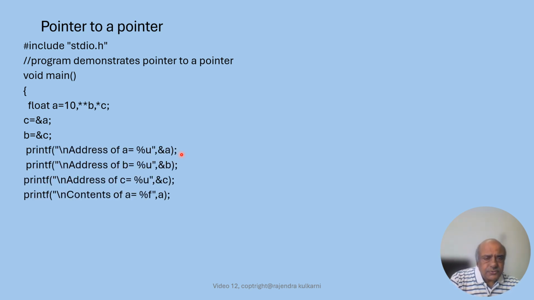Now these printf statements give us various addresses and contents. The addresses of a, b and c are given by these three printf statements. B is again a pointer variable, so it must reside in memory at a particular address.